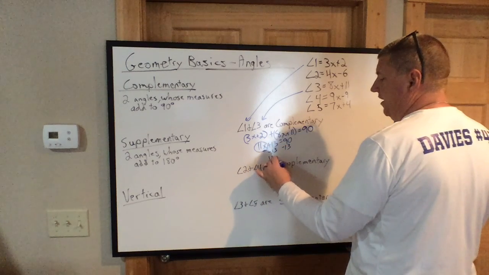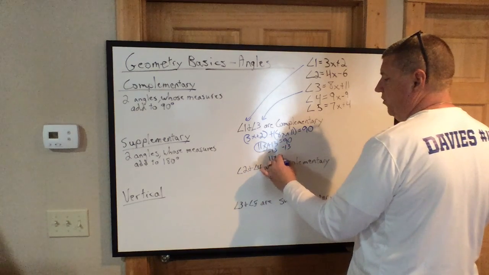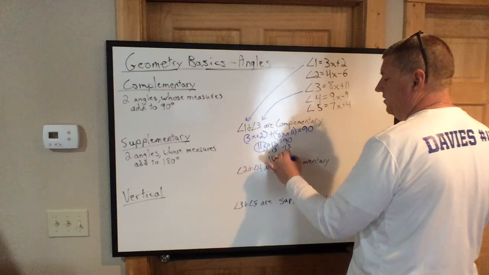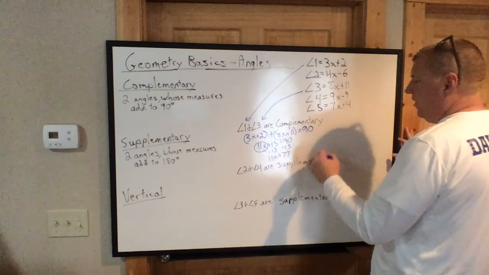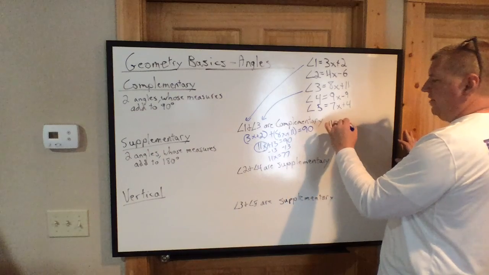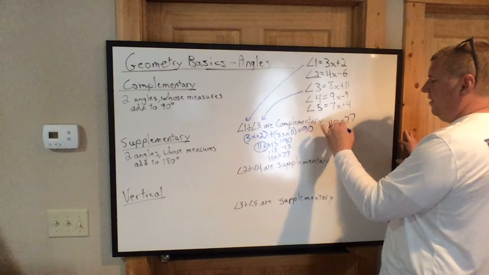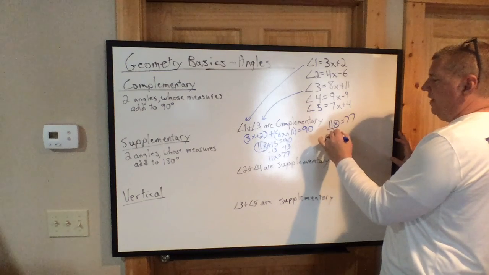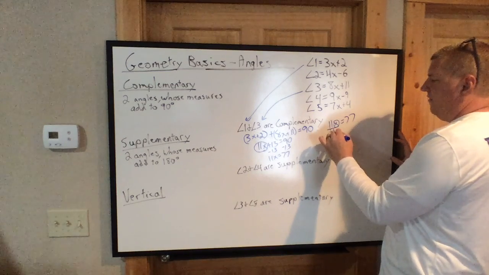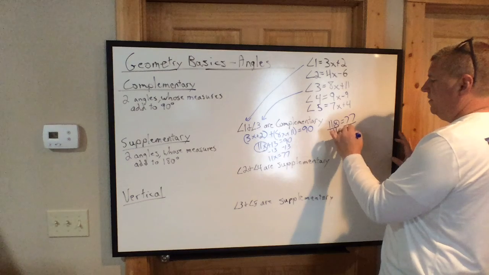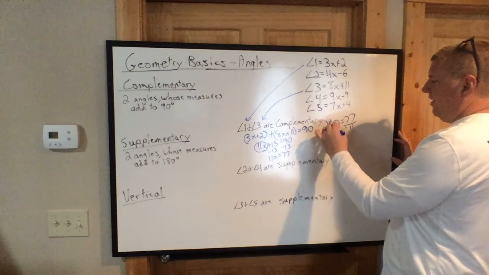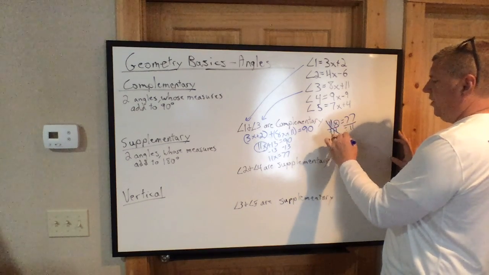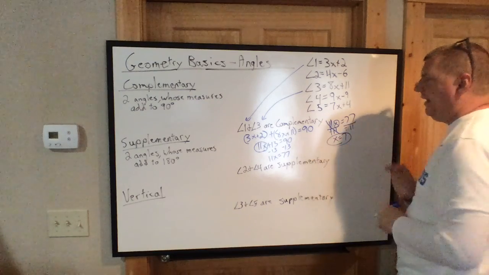I get 11x equals 77. There's my variable. It's being multiplied by 11, so I divide by 11 on both sides. Those 11s cancel. X equals 7. That gives me my final answer.